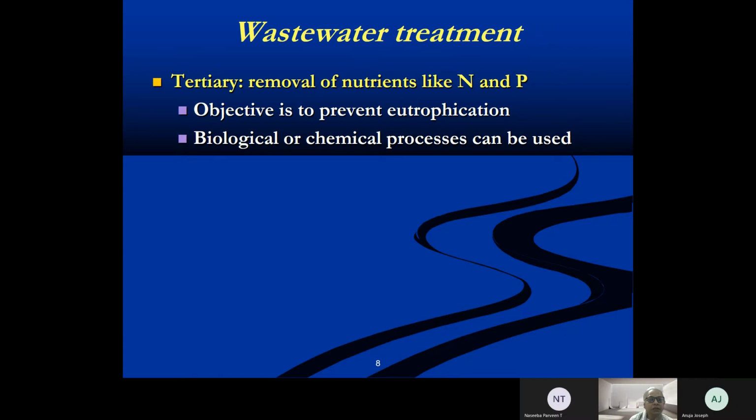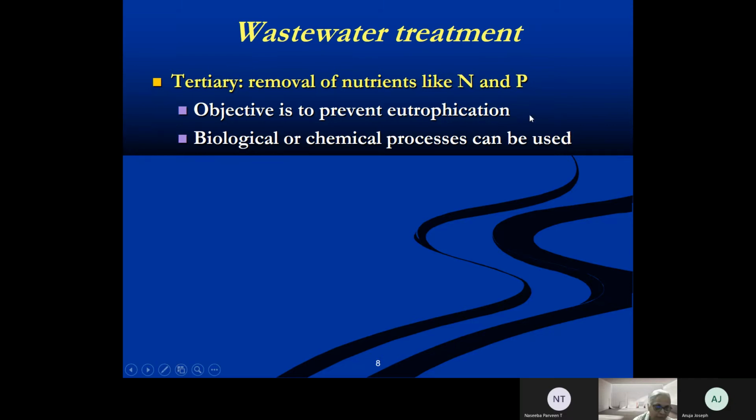I have added tertiary treatment as well. Very often, the effluent coming out of conventional wastewater treatment plants is rich in nutrients like nitrogen and phosphorus. So even good and efficient municipal wastewater treatment plants, where the secondary part of the treatment plant is working well and meeting all the standards, even then the water body may not be healthy because it's getting eutrophied.